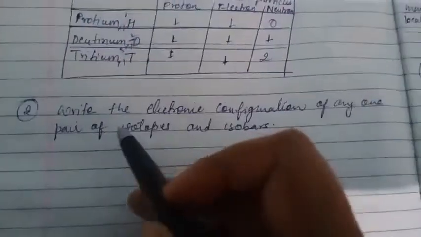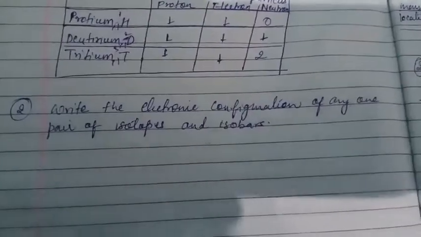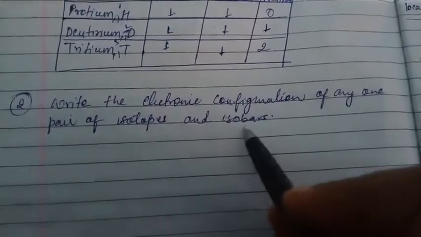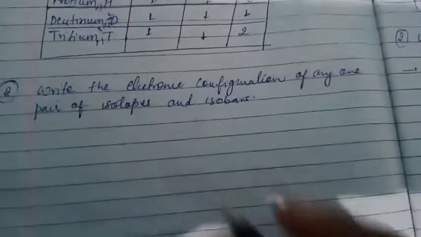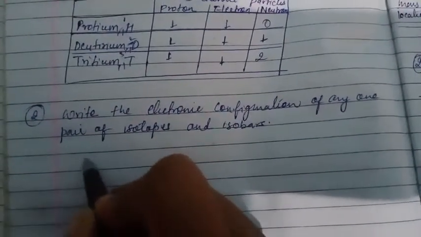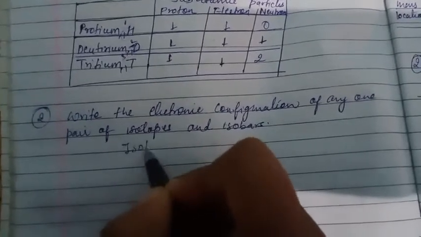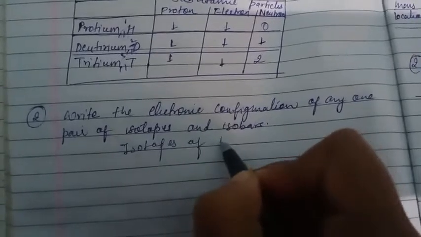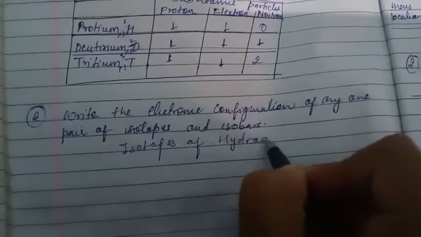Next is: write the electronic configuration of any one pair of isotopes and isobars. Okay. So we will take the simplest example. First we will take isotopes of hydrogen.